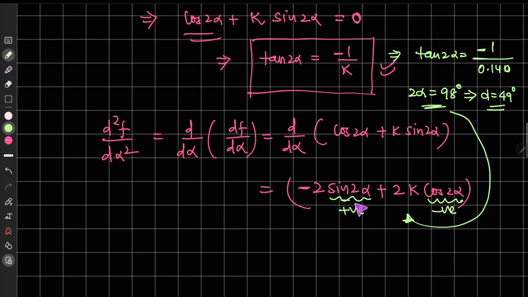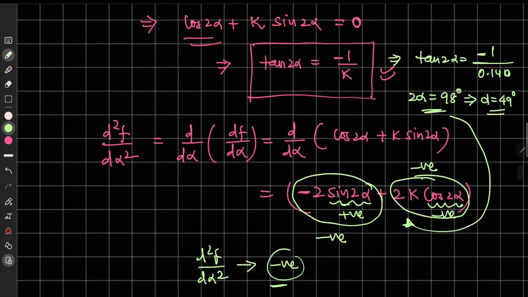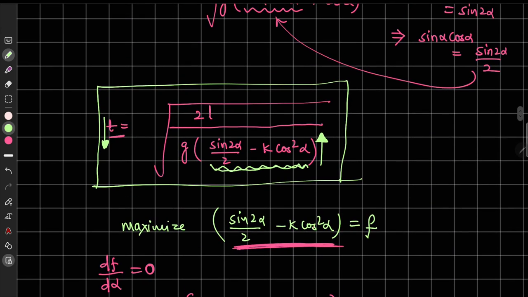If sin 2 alpha is positive, that means this particular quantity is negative and this particular quantity is also negative. That means d square f upon d alpha square is negative. If the second derivative is negative, that means we are finding the maximum value of f. And if we are finding the maximum value of f, that means we are minimizing the time.